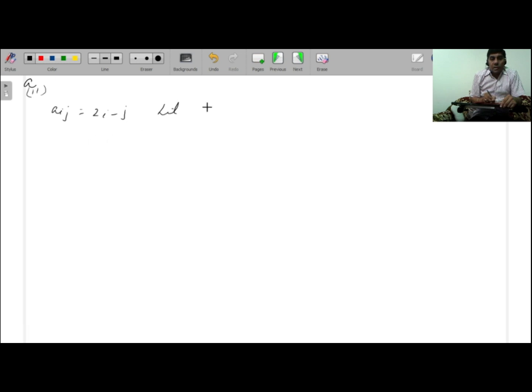Let A is equal to A11, A12, A13, A14, A21, A22, A23, A24, A31, A32, A33, A34 is the matrix of order 3 by 4. We have to find the value of these elements.